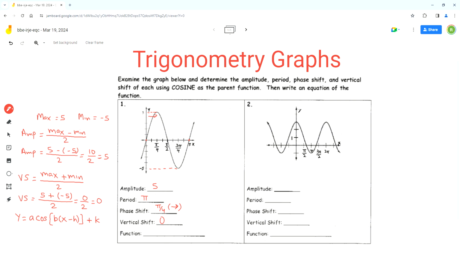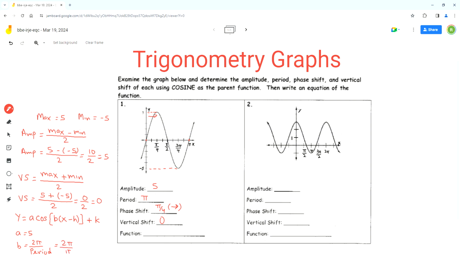Now in this case, a is equal to the amplitude value, which is equal to 5. Now the b value is calculated from the period. The formula for b is b equals 2 pi over period. And we know the period for this transformed function is pi.